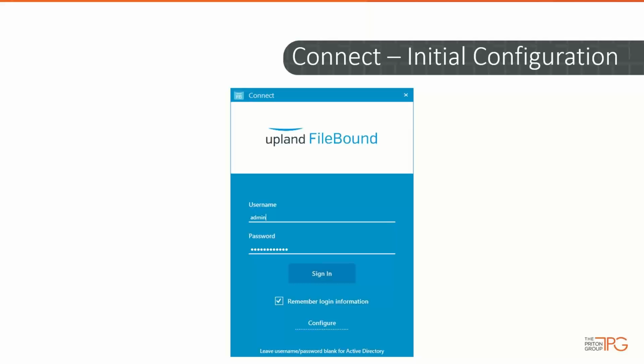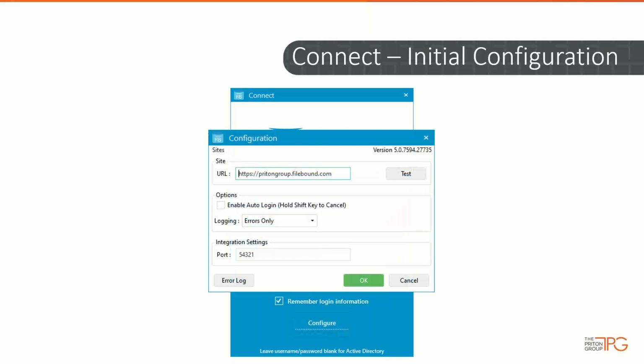Here's the initial login screen for Connect. And before we actually sign in, we need to do some configuration up front for Connect. So in here, there's 2 main things that we usually configure. The first is the URL, where we would just put in your company's FileBound site URL and then test it out.